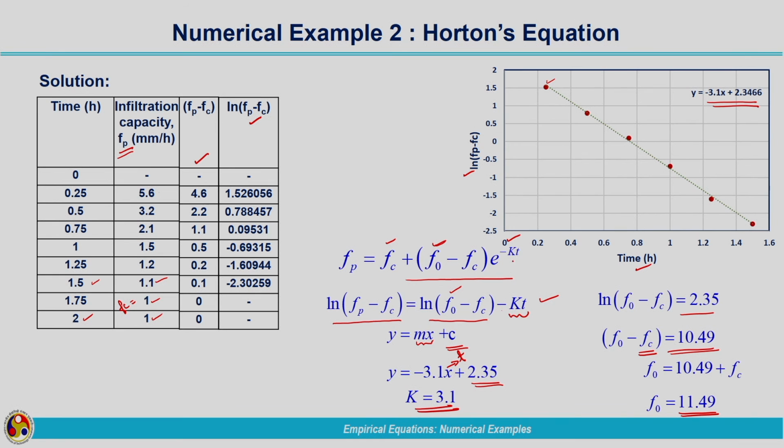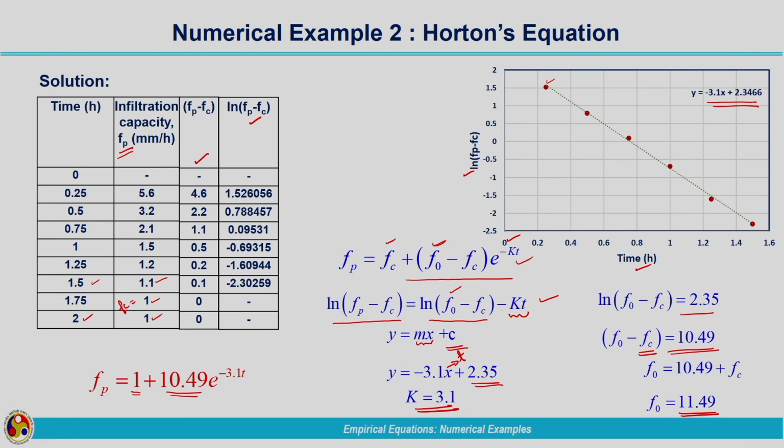Now, we can substitute in this equation to get the final form of Horton's equation. So, the infiltration rate corresponding to these data can be represented by this equation: Fc is 1 and F naught minus Fc is 10.49, e to the power of minus 3.1 t.